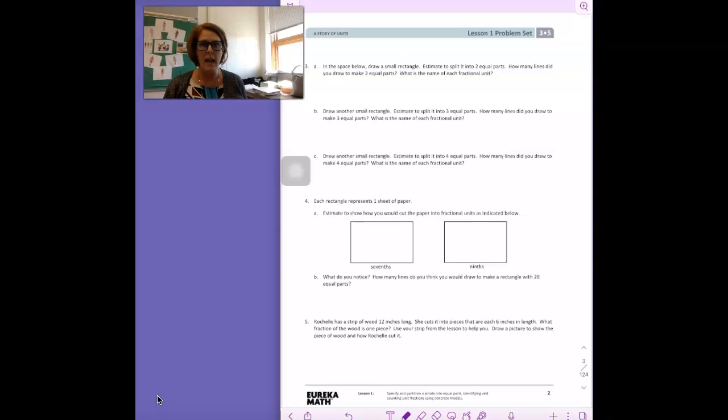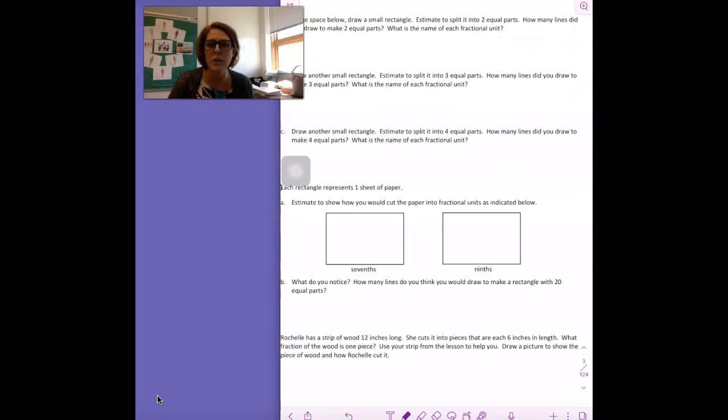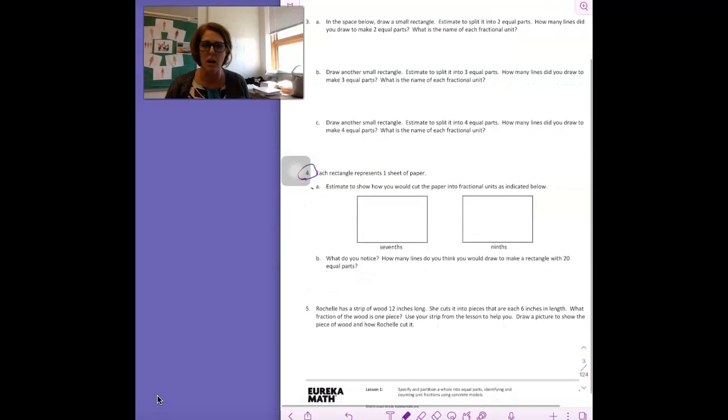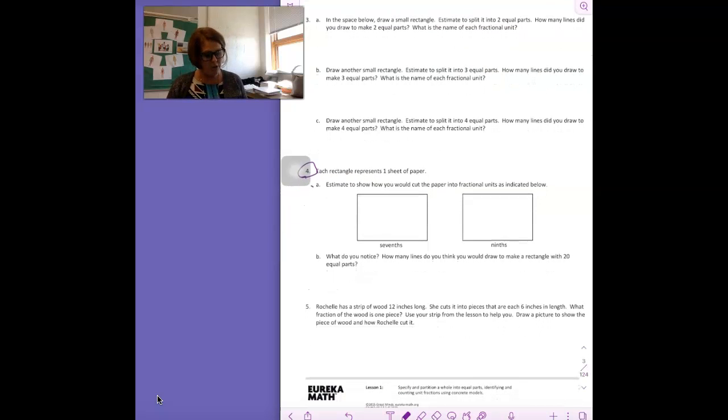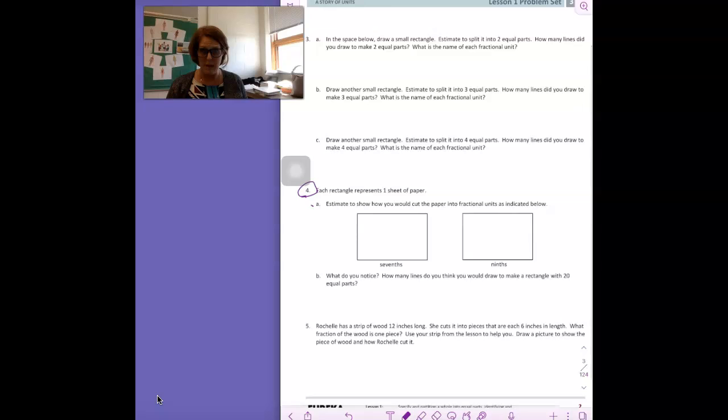Let's take a look at 4A. Here's number 4. Each rectangle represents 1 sheet of paper. Letter A says, estimate to show how you would cut the paper into fractional units as indicated below. The first one is sevenths, okay?